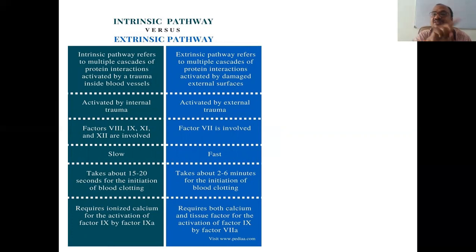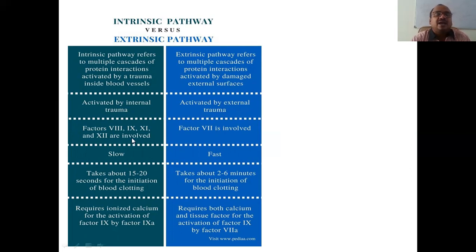Here, it is damaged external surfaces. That is the key difference between the extrinsic and intrinsic pathway. Very easy to remember. Extrinsic means external surface, damaged external surface. Intrinsic is inside the blood vessel. Intrinsic is inside, extrinsic is external, activated by internal trauma in one and by external trauma in the other.